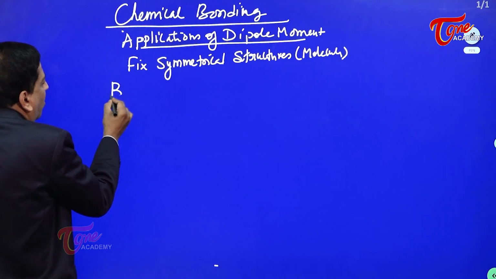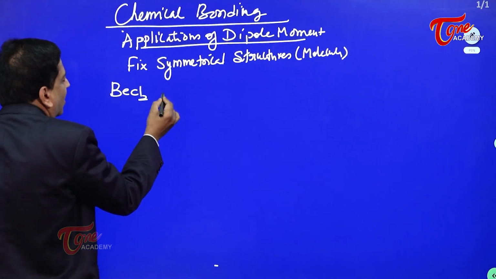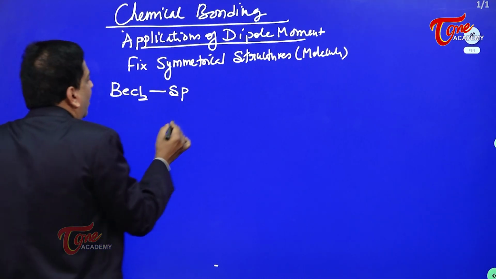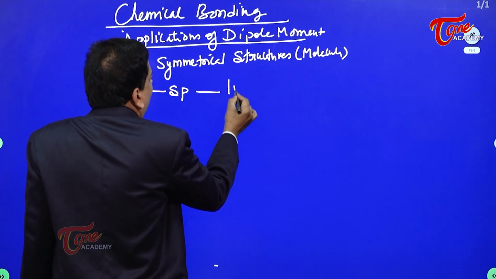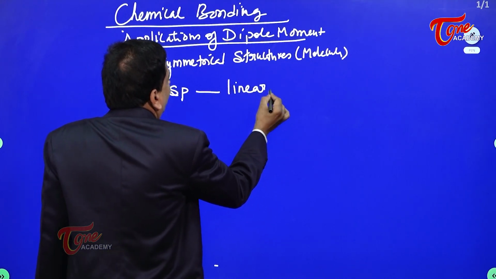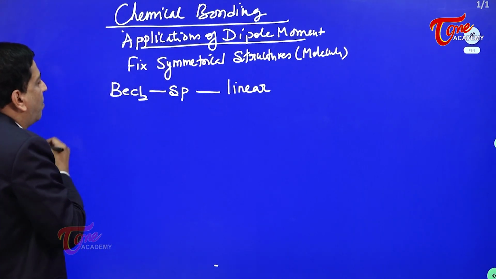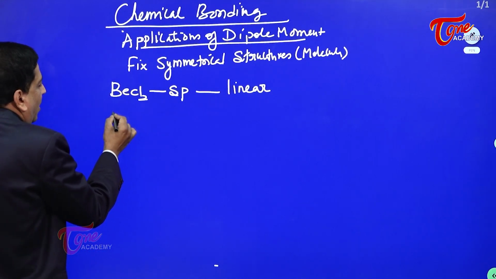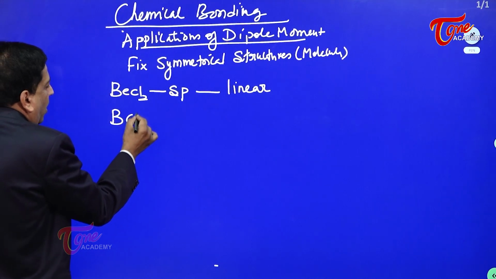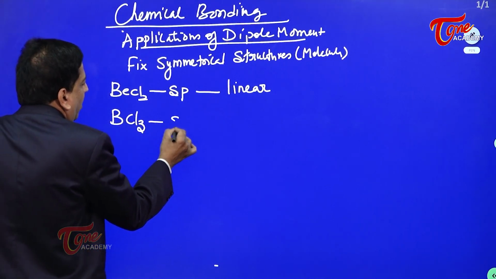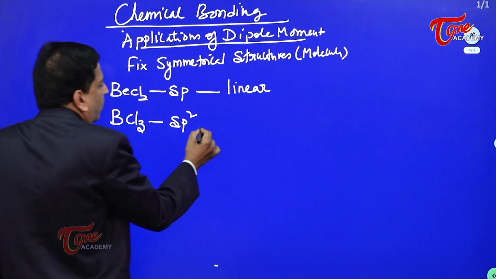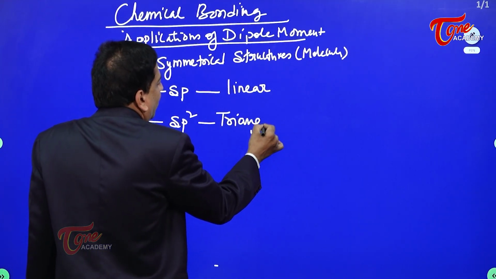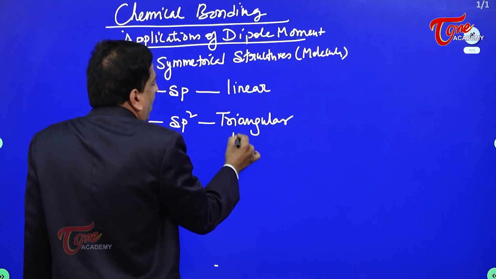I have beryllium chloride, which is undergoing sp hybridization, and the shape is linear. Then I have boron trichloride, whose hybridization is sp2, and this is triangular planar.